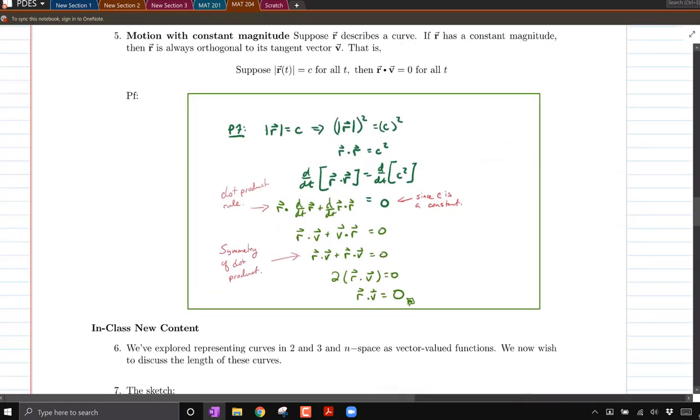But the proof hinges on, first of all, being able to calculate the derivative of a dot product of two vectors, and then just simply rearranging, and then remembering on the right-hand side, we're taking the derivative of a constant, and the derivative of a constant is 0.